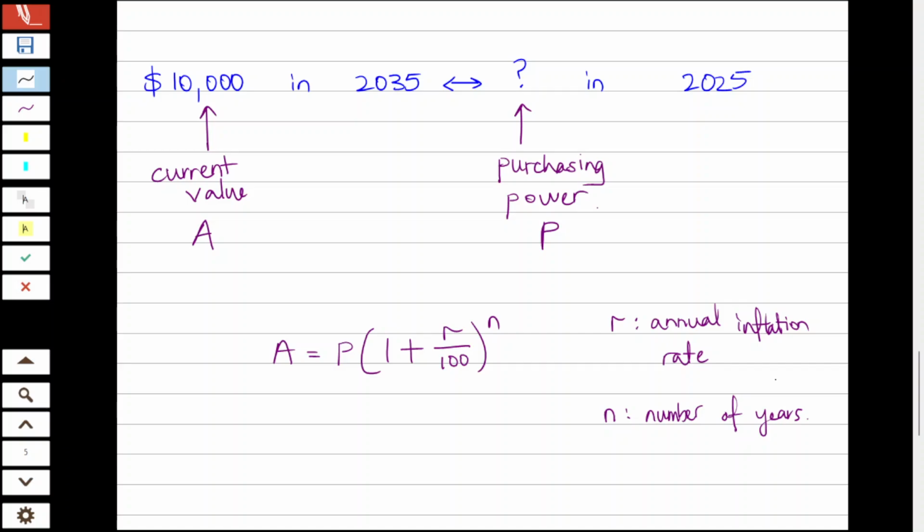So the question that I want to put on the table is, how much could I buy in 10 years' time with $10,000 today, in terms of today's money? So what I mean is, if I have $10,000 in the year 2035, what number goes here?